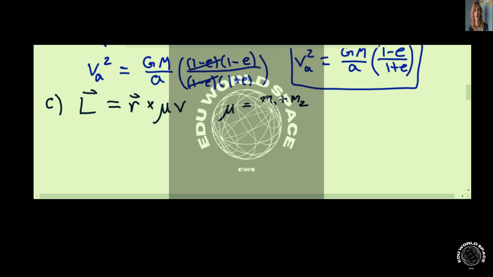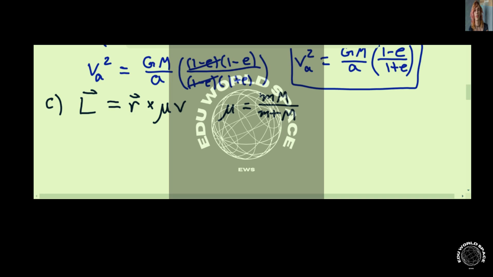It's the product over the sum, not the sum over the product. Let me go back and fix that. Okay, there we go. The product of the masses, m times m, over the sum of the masses, m plus m.